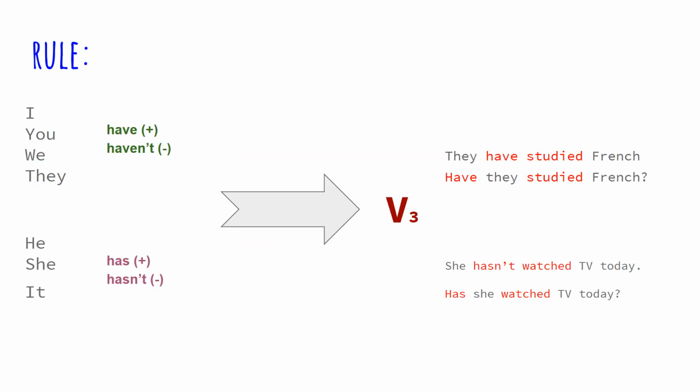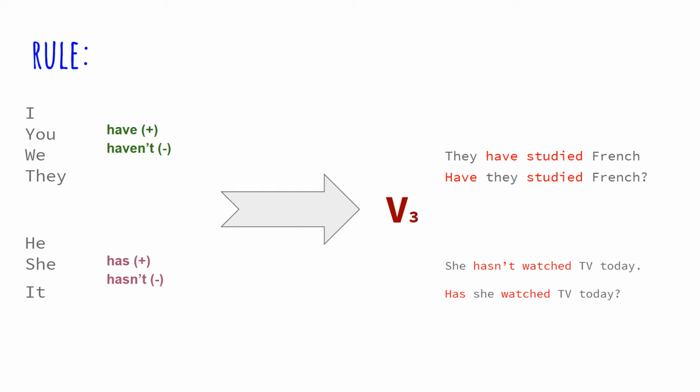First of all, let's take a look at the rule of present perfect tense. In present perfect tense, with I, you, we, and they, we use have in positive sentences and haven't in negative sentences plus verb 3. Like they have studied French. This is a positive sentence. If we want to make a negative sentence, then we would say they haven't studied French.